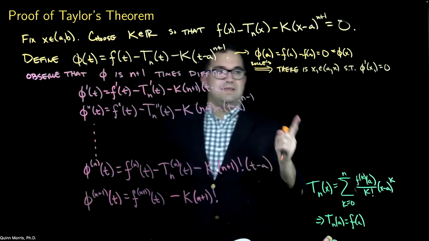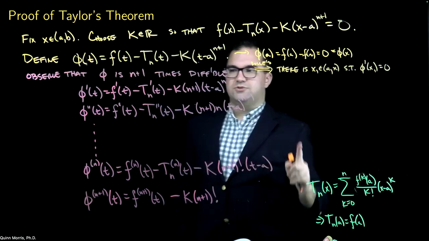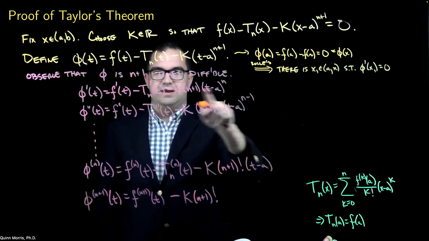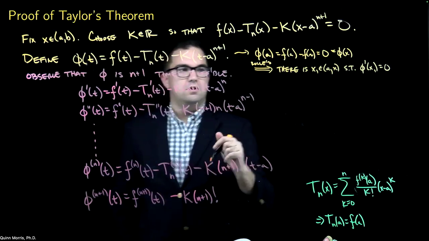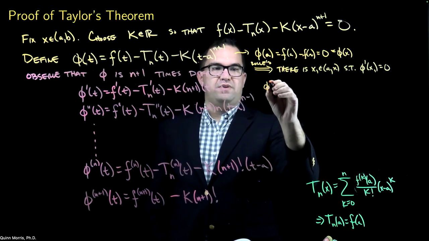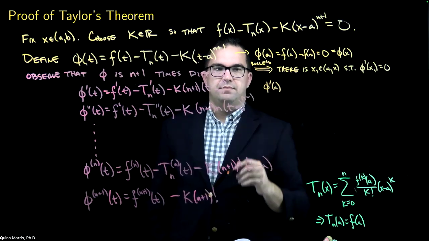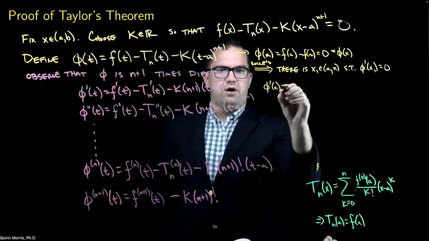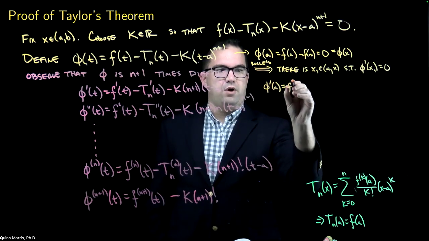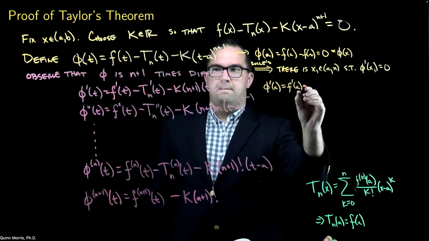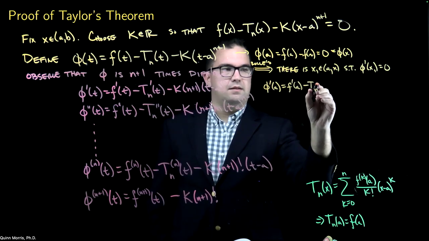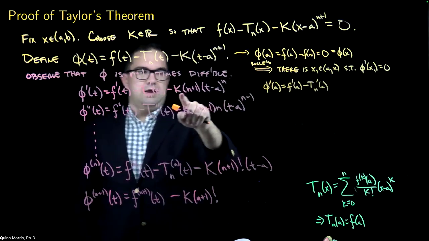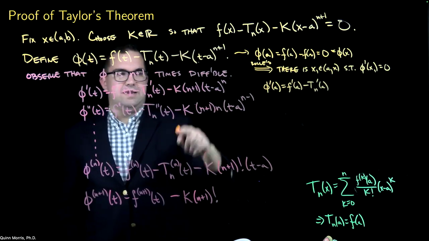Okay. Now, the idea is going to be, I've chosen an x1, now I'm going to choose an x2. The way I'm going to choose x2 is I'm going to come down here and look at phi prime. I'm going to again note phi prime of a is going to be 0. Now, why is phi prime of a 0? Well, what is phi prime of a? It's f prime of a minus t sub n prime of a. This term evaluated at a will again be 0.